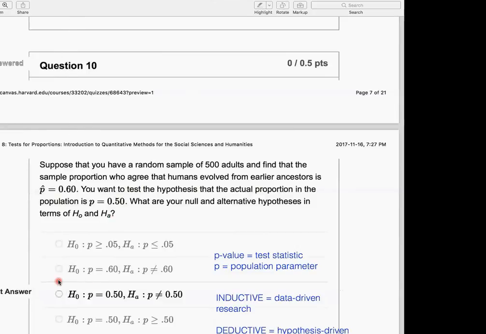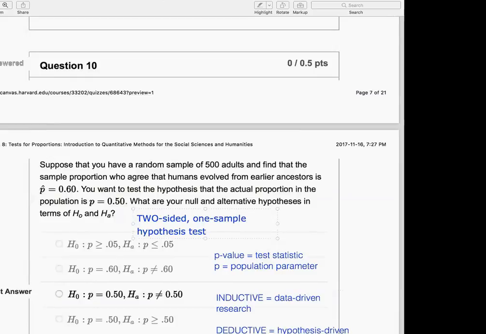Now, because we have a two-sided one-sample hypothesis test, I should say, you want to say that this is a two-sided one-sample hypothesis test. I talked about this earlier this week with several students. What is the difference between a one-sided and a two-sided hypothesis test?